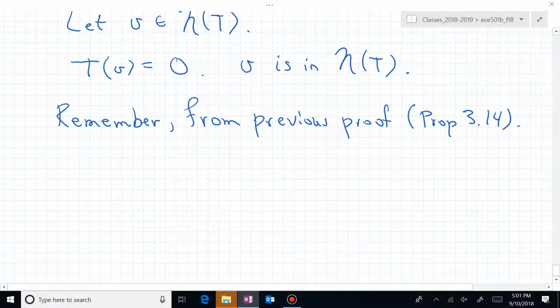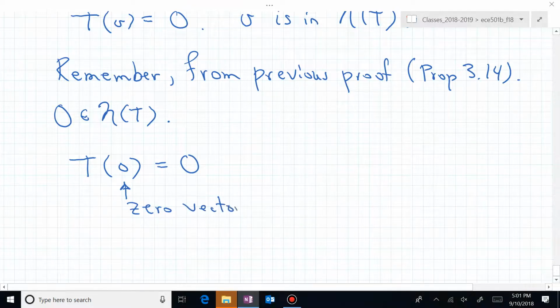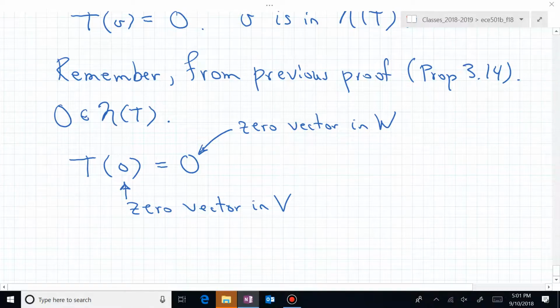We know that T of V is equal to 0 because V was in the null space of T. But we also know that the 0 vector is in the null space of T. So now we know that T of 0 is equal to 0. And where are these zeros? Remember, 0 is overloaded. So this one's in V. Where's this one? So that one's in W.